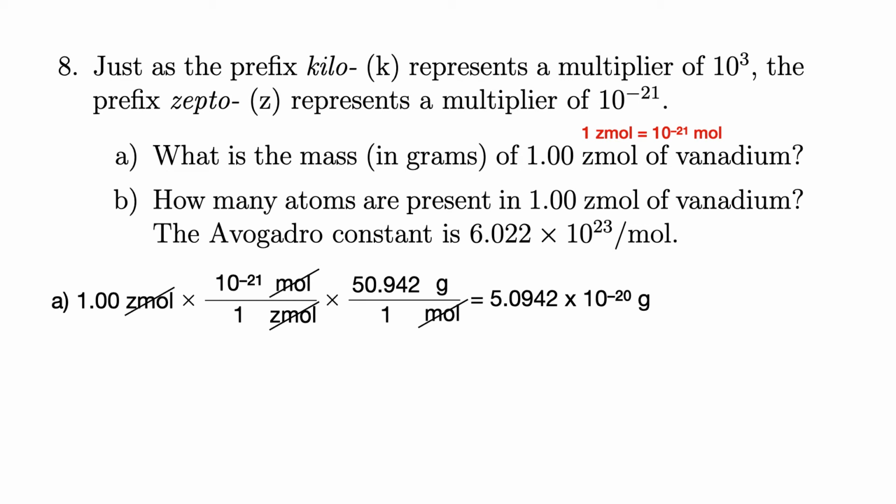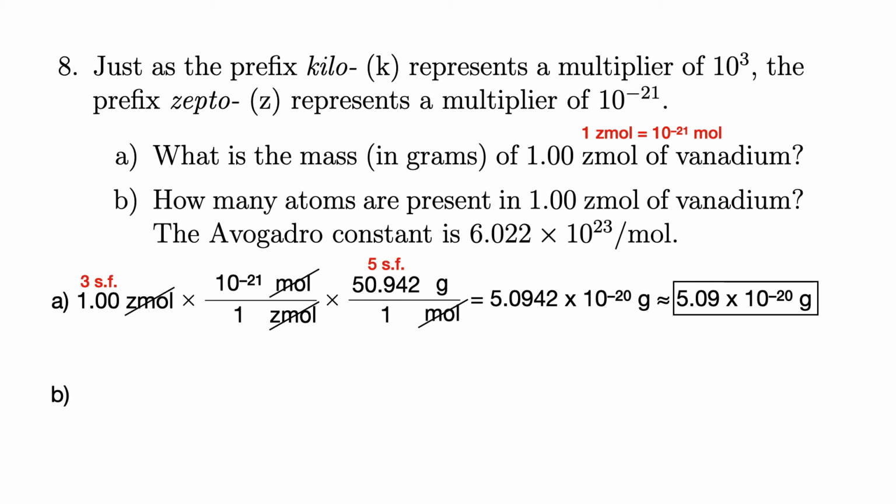Rounding this off, our 1.00 has 3 significant figures. The 50.942 has 5 significant figures. All the other numbers are exact. So we're going to go with the lesser of those two precisions, 3 significant figures. And so we'll round off our answer to 5.09 times 10 to the minus 20 grams.